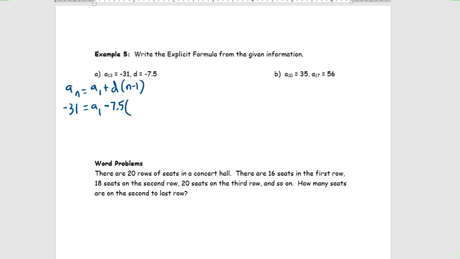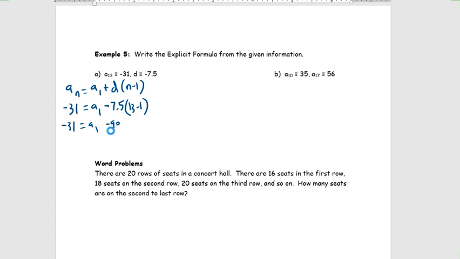Now, this negative 31 was term number 13, so 13 goes in for n, and minus 1 is just in the formula. So here we have negative 31 equals a sub 1, and when you multiply negative 7.5 times 12, we get negative 90.